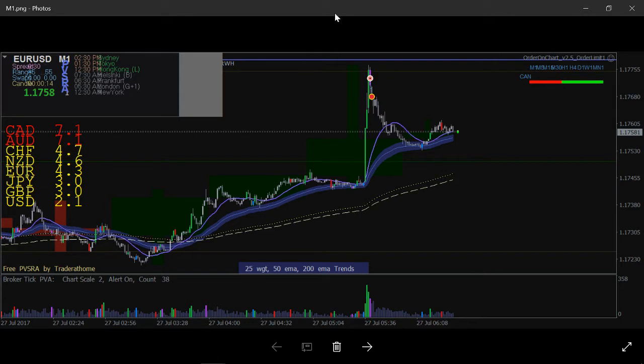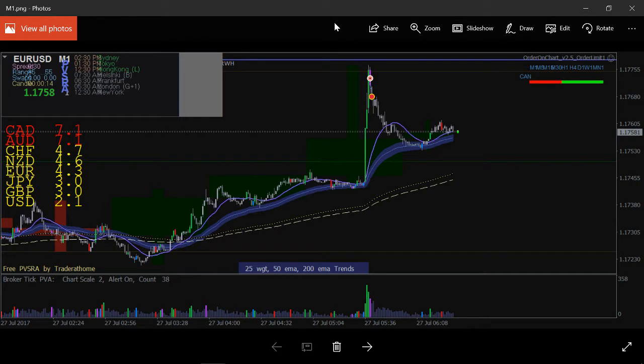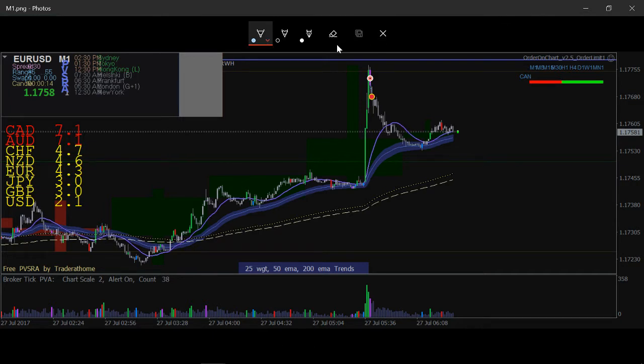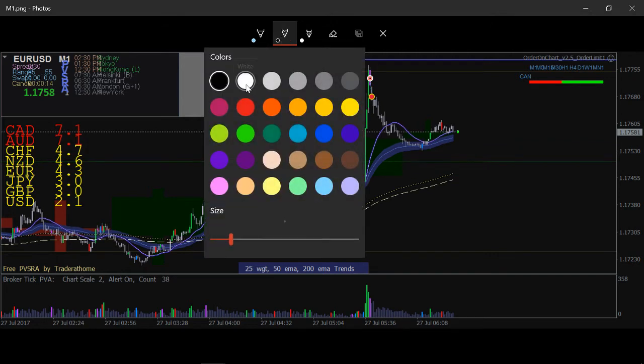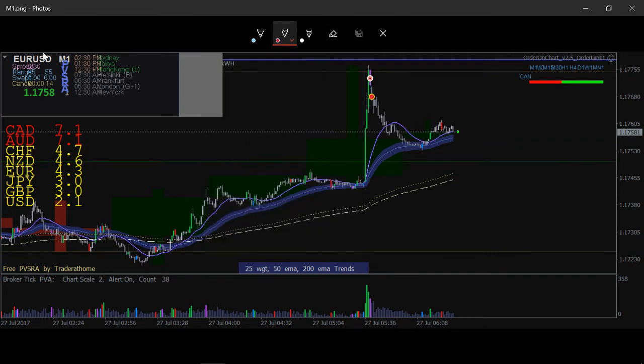Okay, so let's see if I can draw here. Yes. All right. So I did this entry on the euro dollar pair. So you can see that the entry is here.